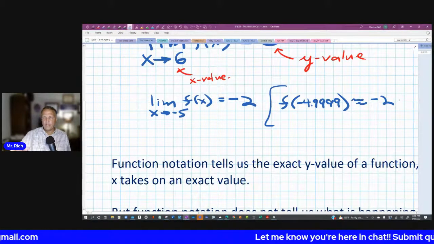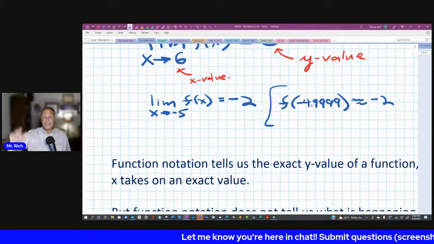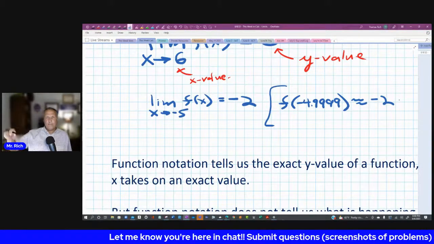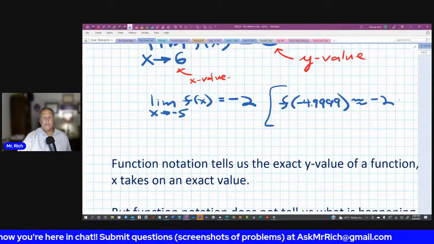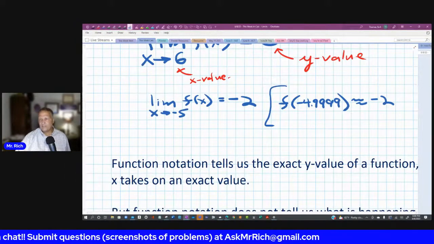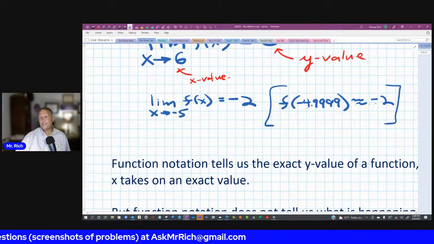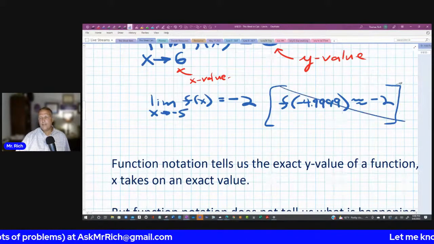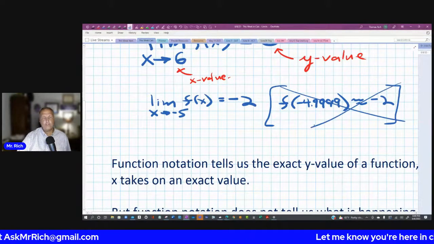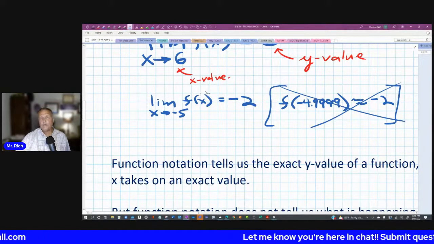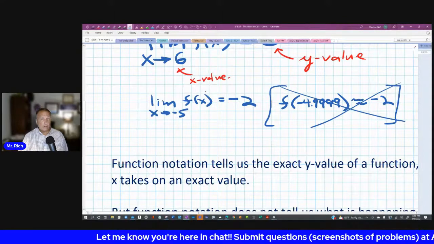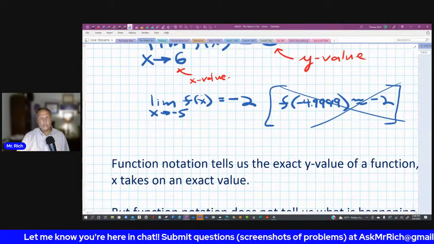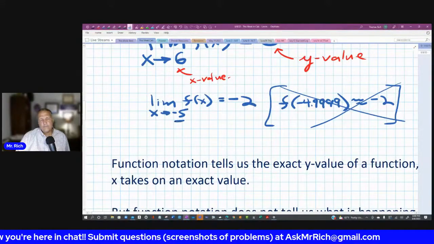It goes to negative 4.99999, an infinite number of nines, which means I'm getting closer and closer to that negative 2 value. But instead of doing something like this, which is not a good use of function notation, we use limit notation to express what the y values of the function are the closer and closer I get to this x value.